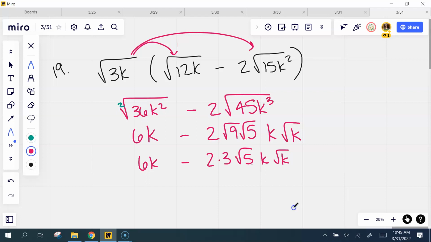Let's put everything inside the radical together and everything outside the radical together. 6k square root of 5k. And that's it, yes. Even though those 6k's are the same, I'm just going to stop there.